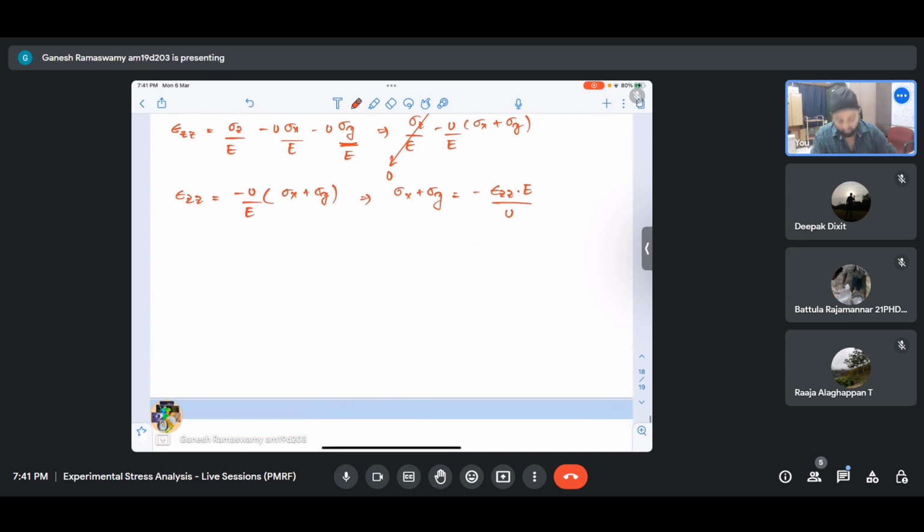Now epsilon zz, do I know? It changed from 6.01 as opposed to 6 with respect to the original coordinate. So this is my epsilon zz, which is 0.01 by 6, so 1.67 E minus 3 strain units.